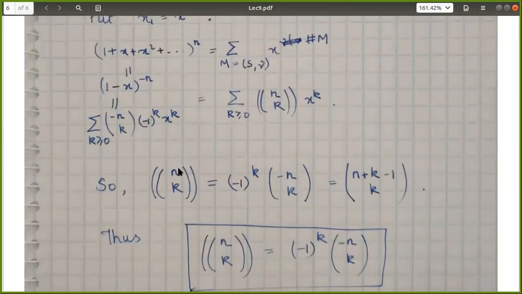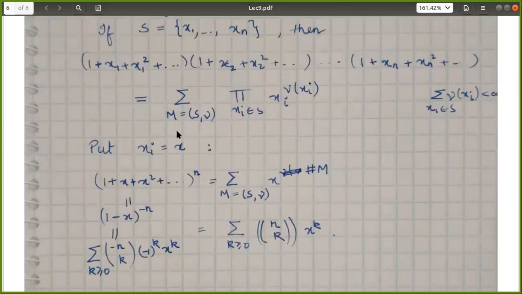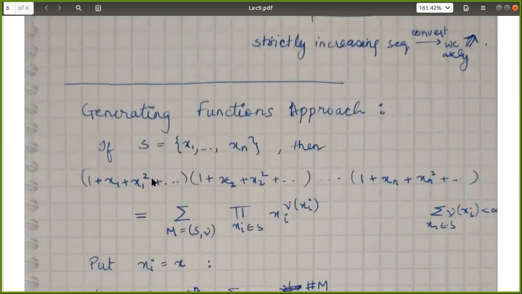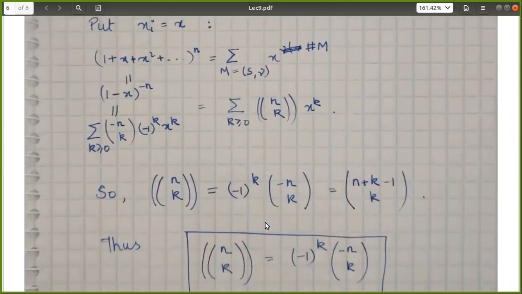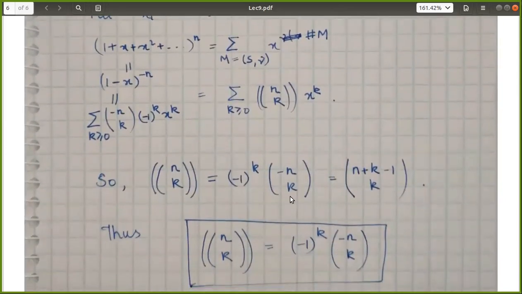Well, yeah, this is the main thing. Like you started with something which you know, and then you keep on evaluating both the sides and come down to something of this form. When you compare the coefficients of x raised to k, remember in the very beginning we said that two series are equal if the coefficients of x raised to k are the same for every k.